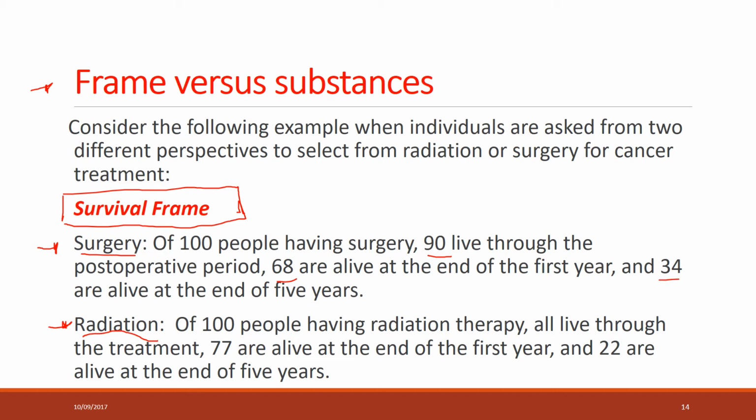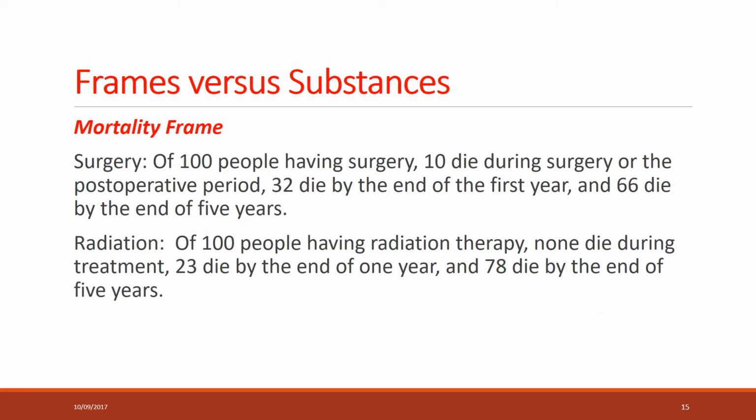And 34 people out of that 90 people are alive at the end of 5 years, right? So this is about the survival after a surgery. With the radiation, out of 100 people that have radiation, everyone lives through the treatment. 77 people are alive in the first year. However, only 22 people are alive at the end of 5 years, right?